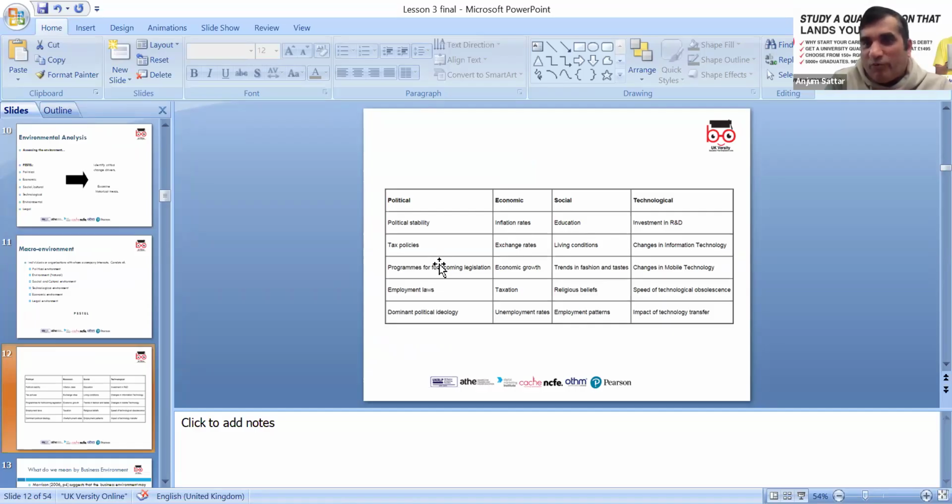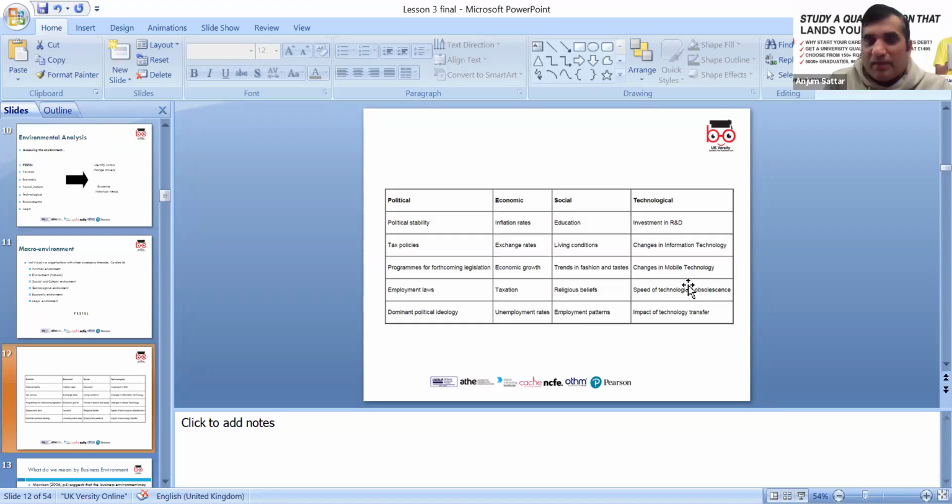Economic, we can look at interest rate, inflation, and so on. Under social, we can look at education, living conditions, people. Technology, we look at changes in AI, machine learning. So these are variables, and we have to adjust our business operations.